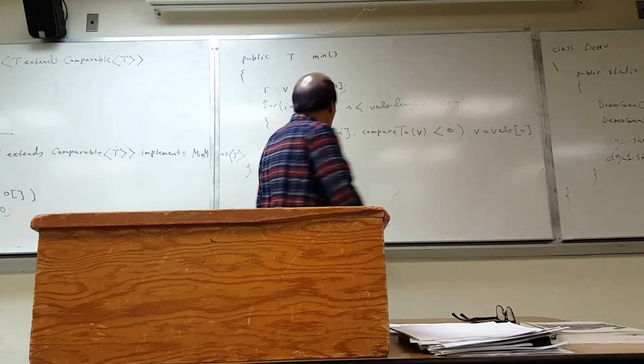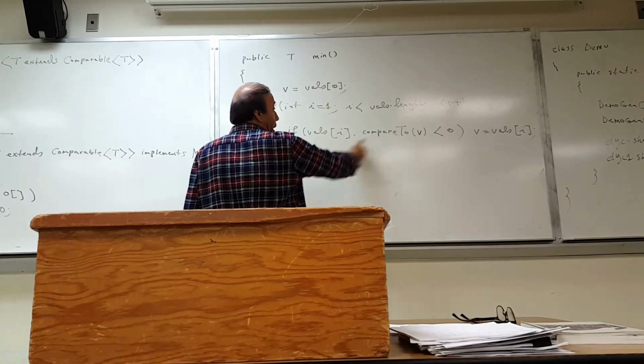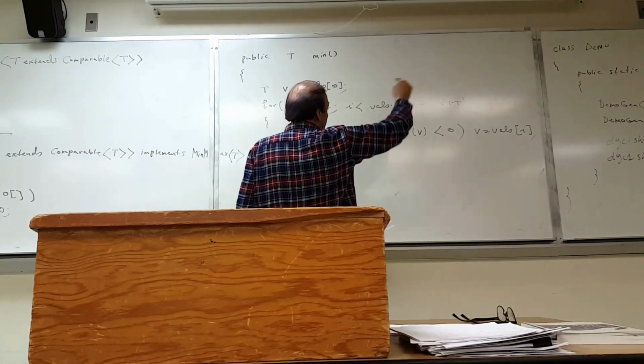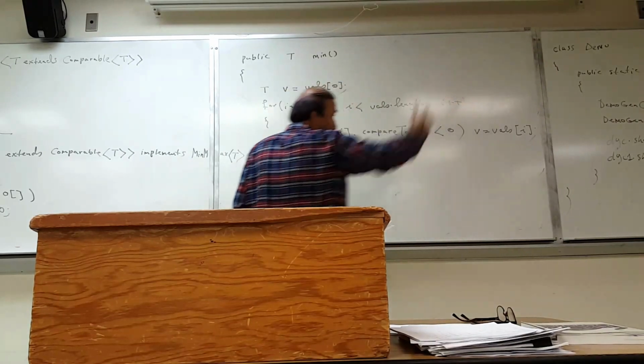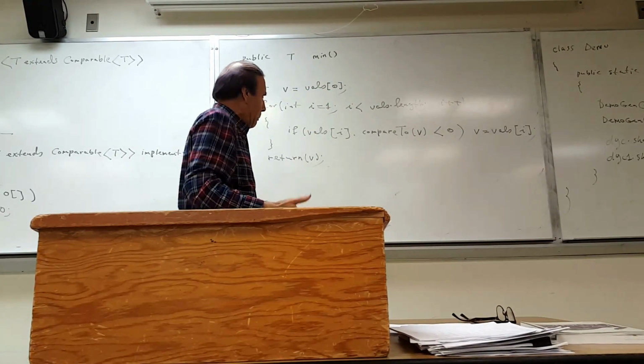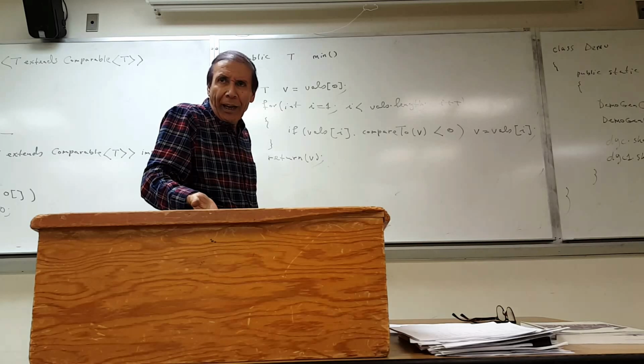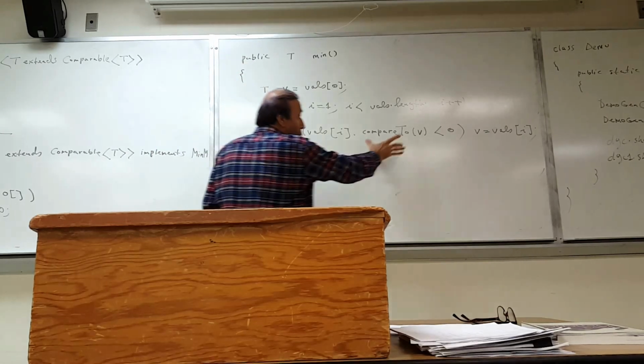If you use if vals sub I less than V, then V equals vals sub I, it doesn't work like that. You have to use this.